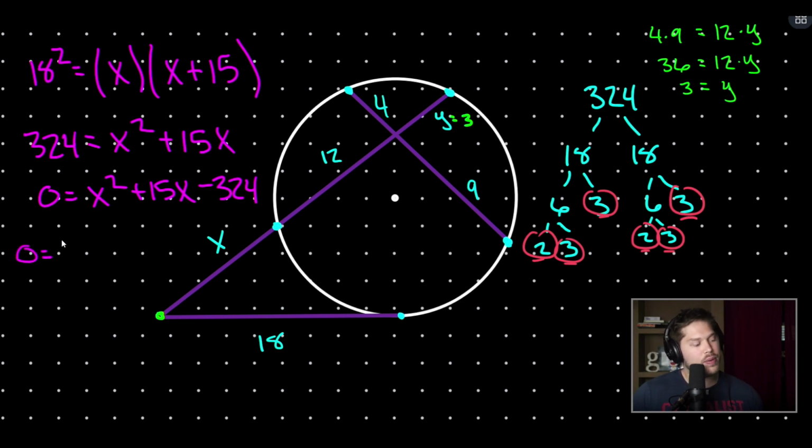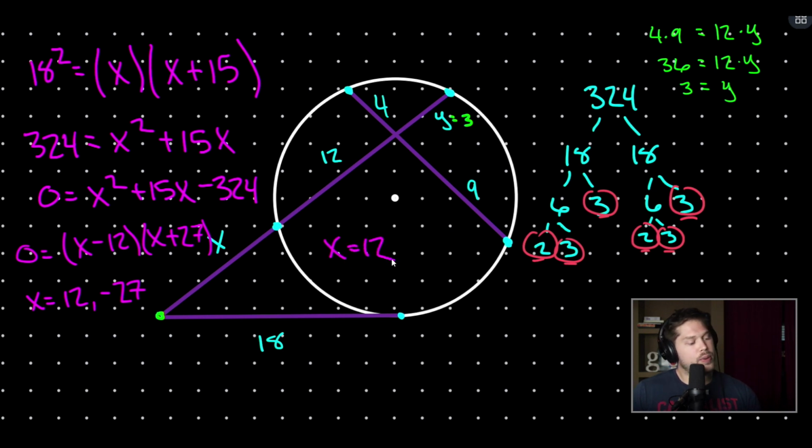So I have 0 equals x minus 12 times x plus 27. Now I know my solutions are x equals positive 12 or negative 27. And as x is a length, it must be positive. Therefore, x is equal to 12.